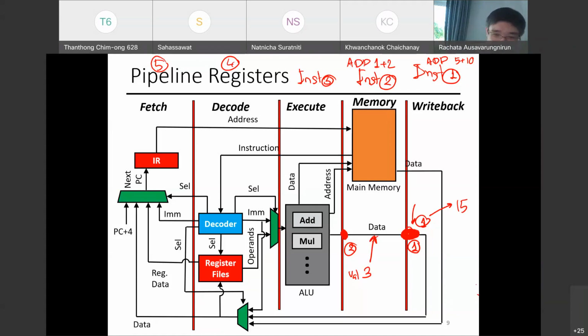Okay. How about this? If I look right here, and let's say this instruction is multiply 3 and 10, if I look right there, what's the value I should see? Yes, so the question is, is it okay to just assume that the buffer register stores the data for the upcoming stage? That's what it is.